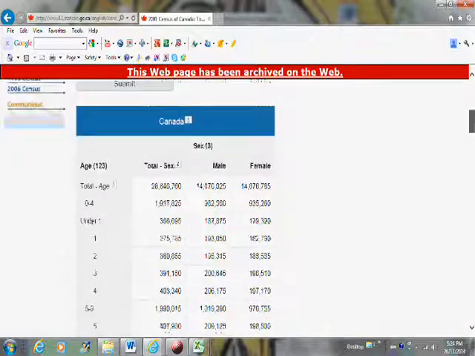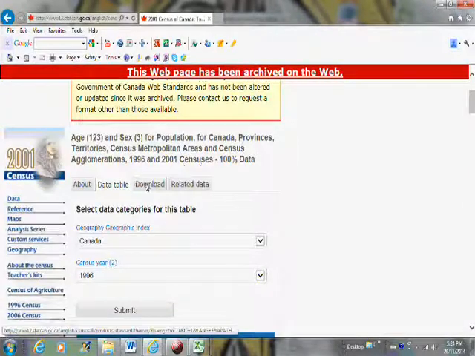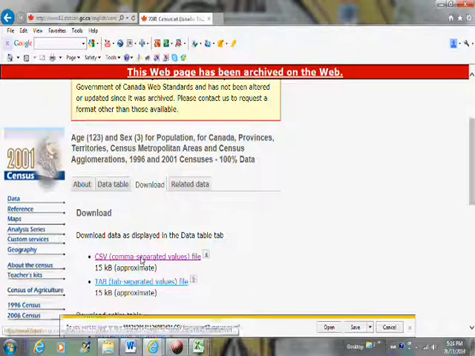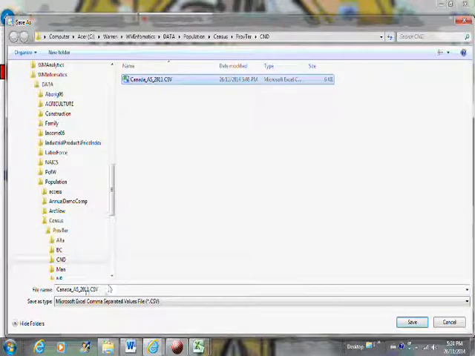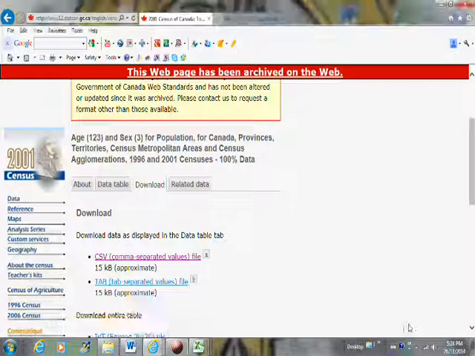So what we can do then is just download our 1996 numbers in the same manner. We choose a CSV file and save as, everything the same as the last file, except we're going to just go 1996 CSV and save. Ta-da!